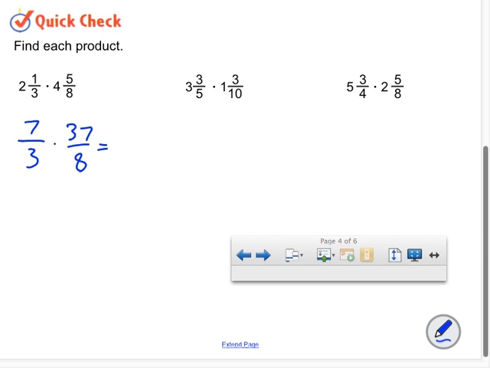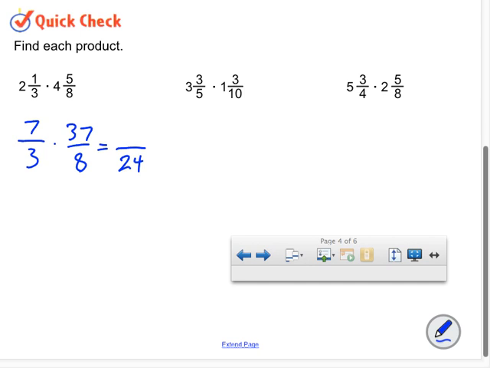Okay, now, what's that going to be? Do the easy one first. What's the denominator? 24. Okay, can you work out the top, the numerator?